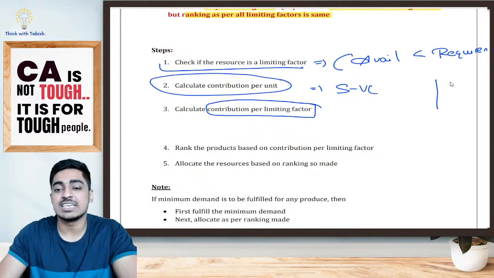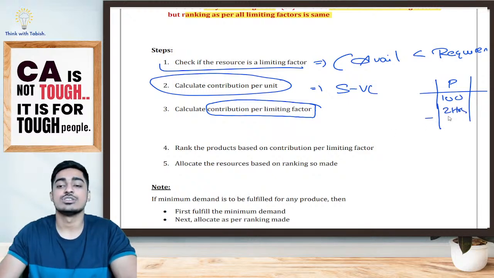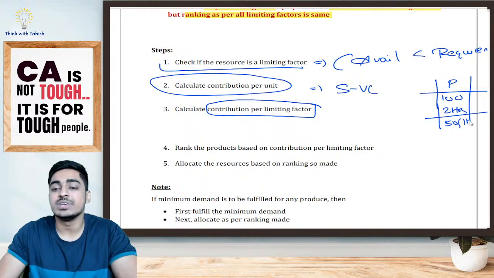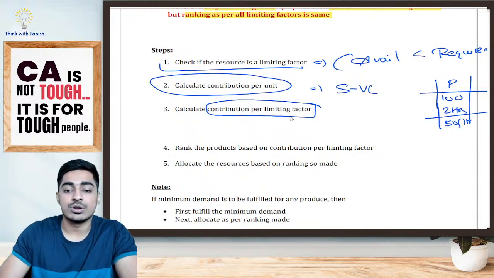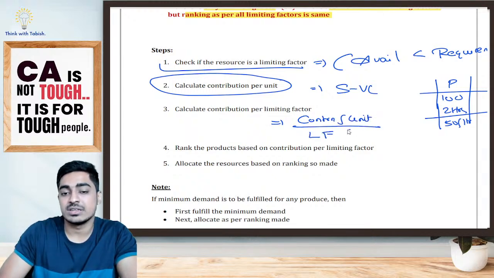Suppose I am telling if I sell P, I will get 100 rupees. But to earn this 100 rupees, I need to work for 2 hours. I will tell it is effectively 50 rupees per hour. How do we get contribution per limiting factor? It is contribution per unit divided by limiting factor per unit.